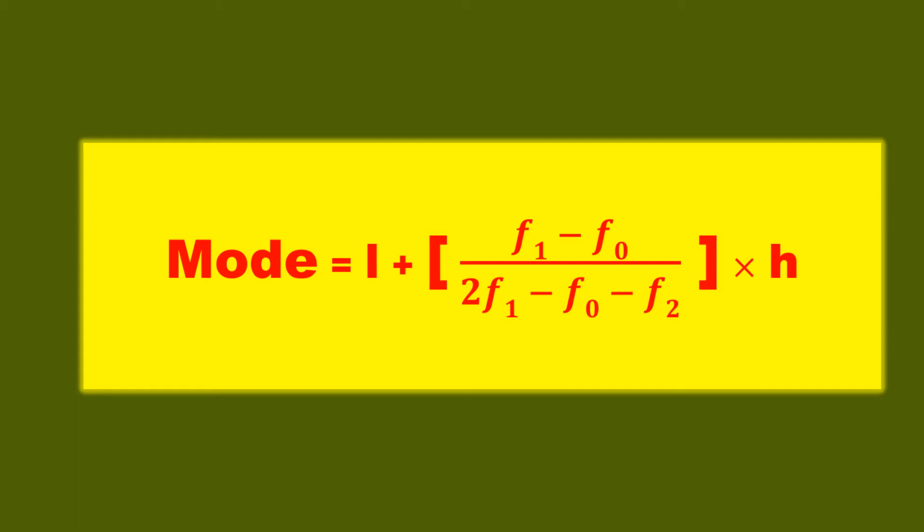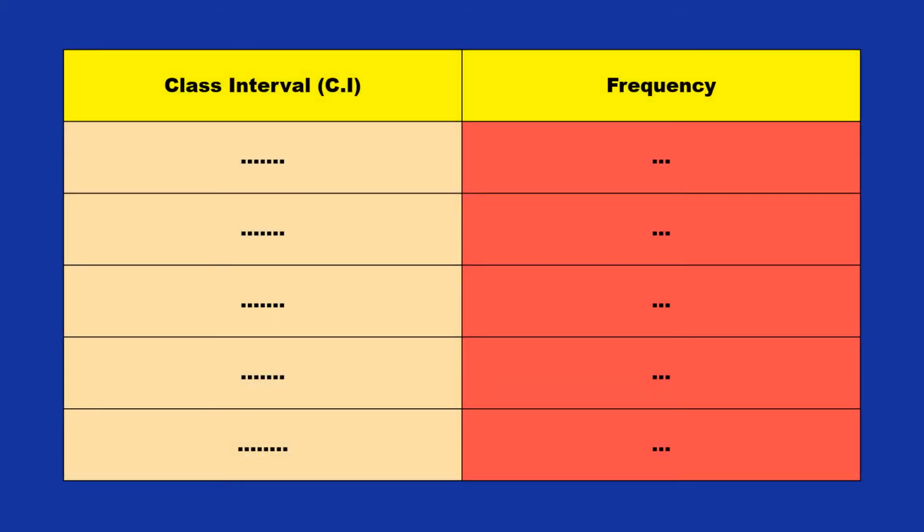Now, these values are taken from which table, and what is the format of that table? Before the explanation of each and every term, I'll show the table format of the mode and where to take the values in that table. Here is the table format of mode.